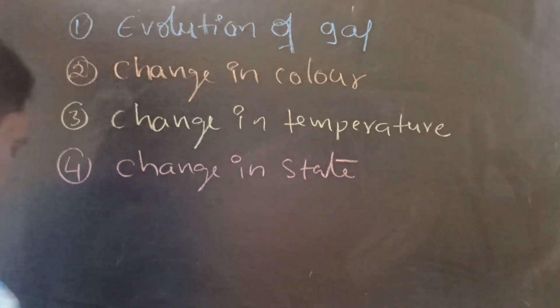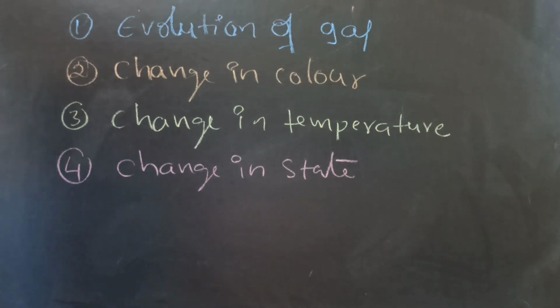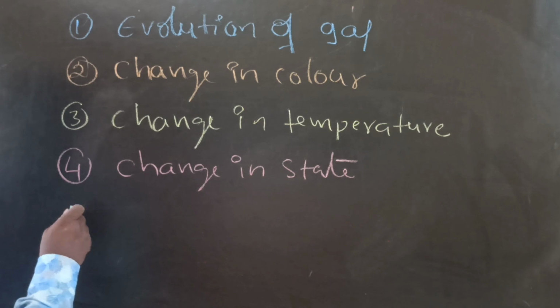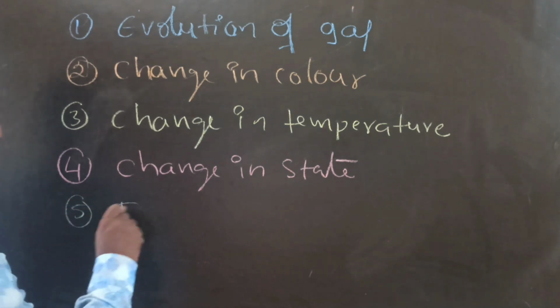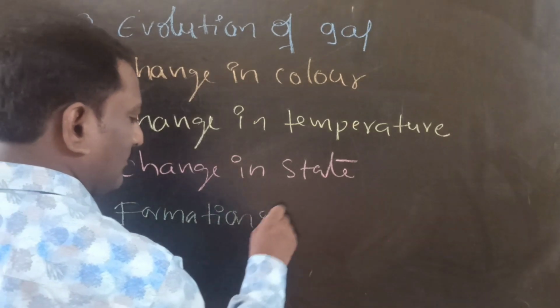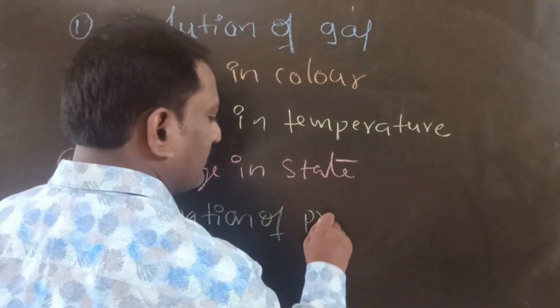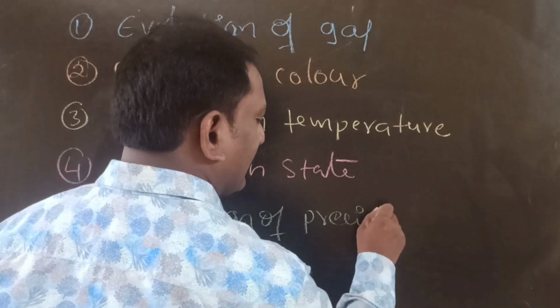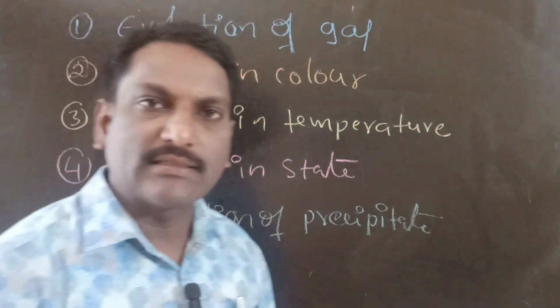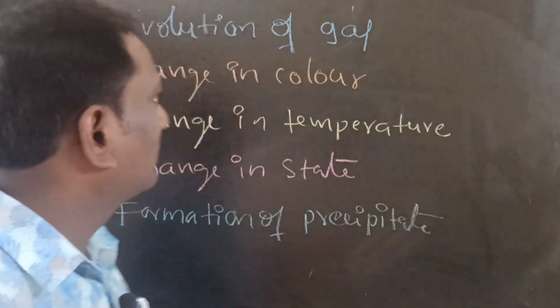Next one is formation of precipitate. So these are the very important characteristics of chemical reactions.